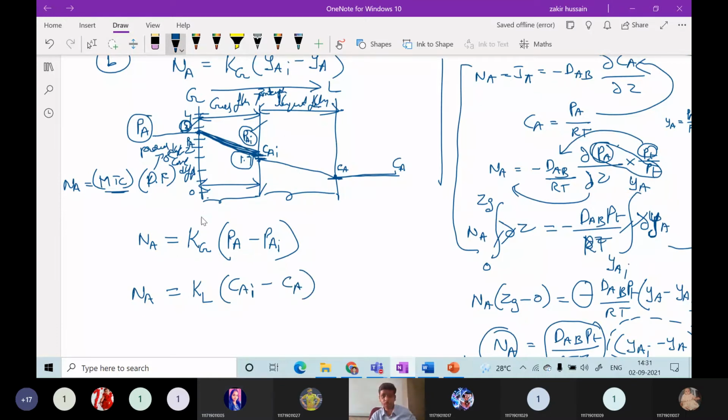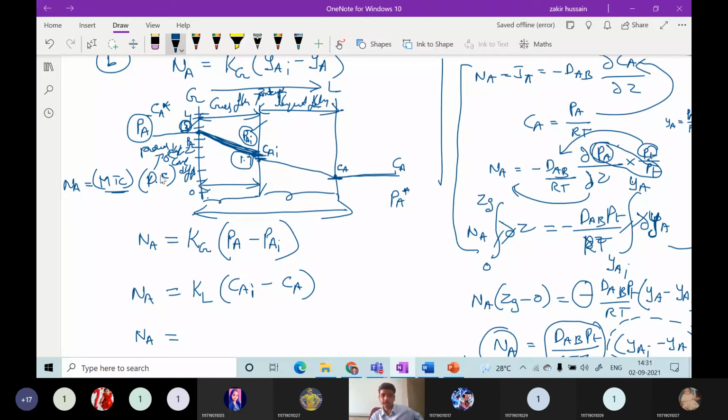If you want to write for the overall, two films, gas film as well as liquid film, you use the same thing: flux is equal to the mass transfer coefficient times the driving force. Here the equilibrium concentration for the liquid phase is Ca star, and here the equilibrium pressure is Pa star.